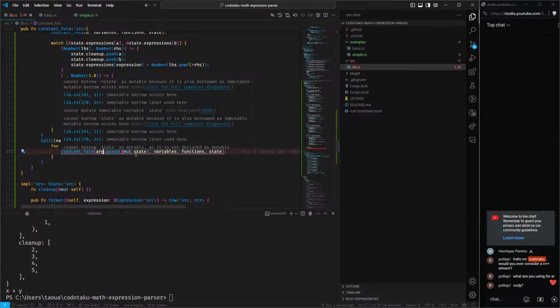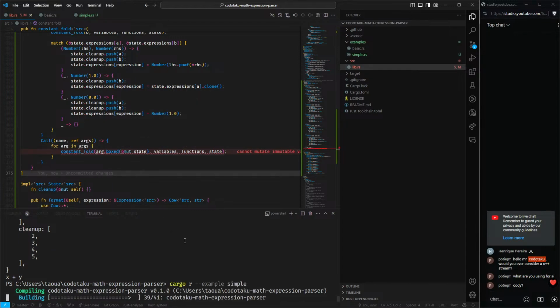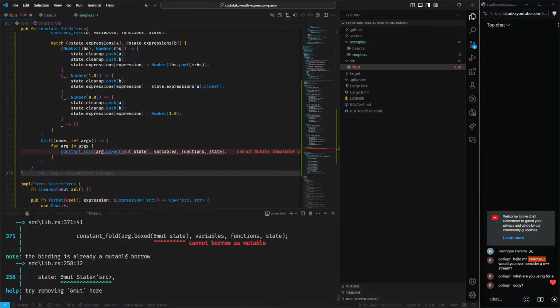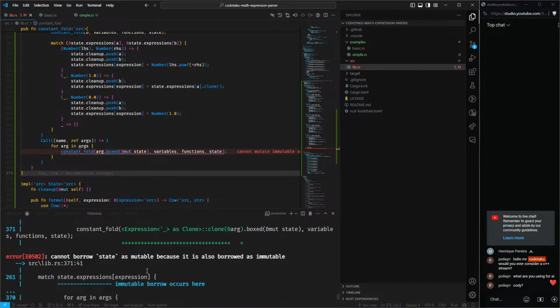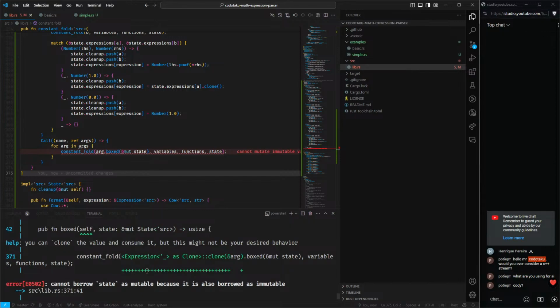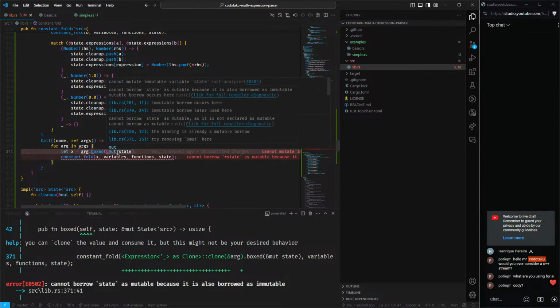Cannot borrow as mutable because also borrowed as immutable. Oh crap. Oh, really? What? Confused. Should I actually box the arg here first, then do the trick, maybe, so we can drop the immutable reference?